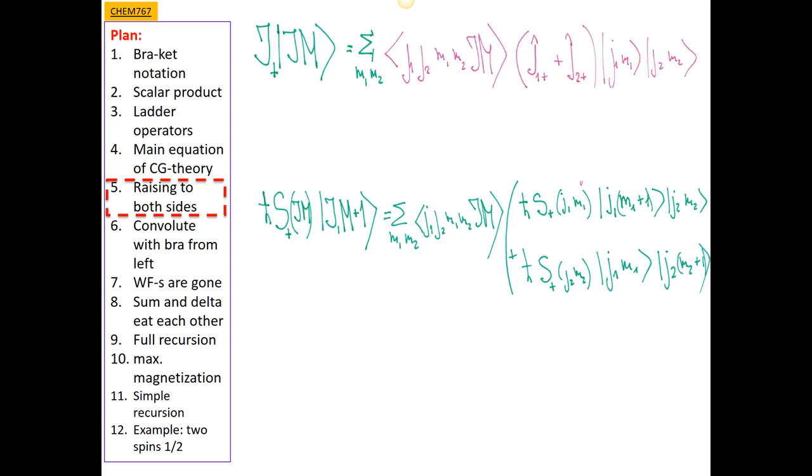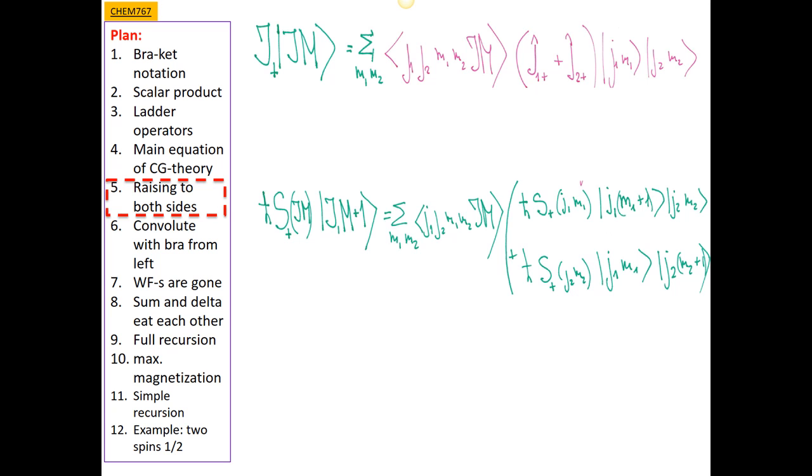Summation over M1 and M2 of J1 plus, plus summation over M1 and M2 of J2 plus, again with the coefficients and the kets J1 M1, J2 M2.